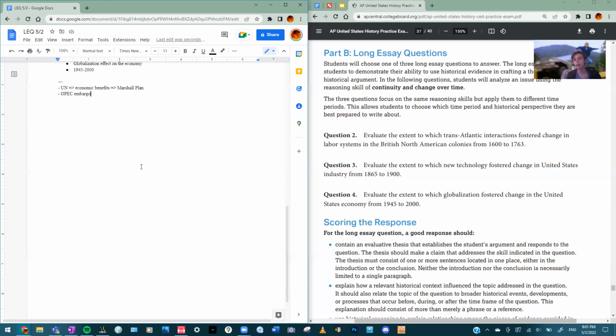And it definitely negatively impacted the United States in the 1970s. All right, what else could I say? Let's see. Since globalization has to do with a whole bunch of different countries, we should think of foreign things more than domestic.